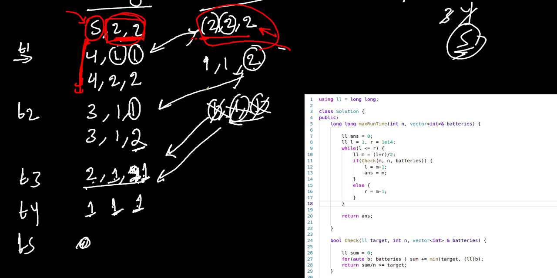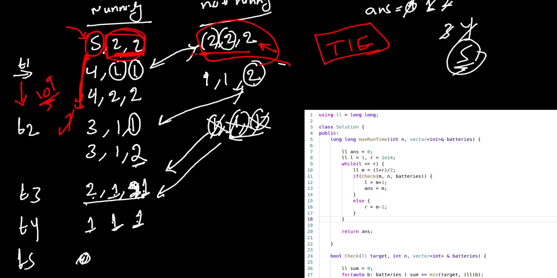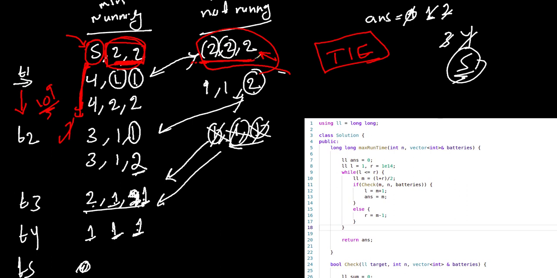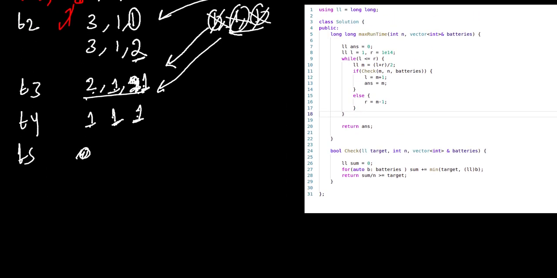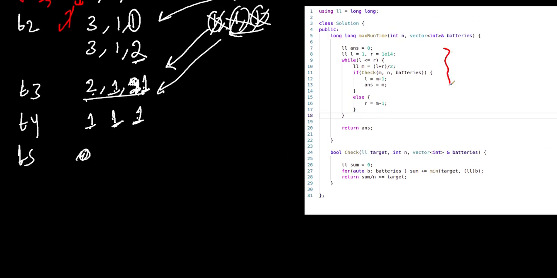And this will lead us to the proper solution, because this solution will give TLE, since we cannot just go with time because the values are large. So the proper solution, because we know that we are using all the values on the batteries, is to do binary search among whatever gives us the best answer.